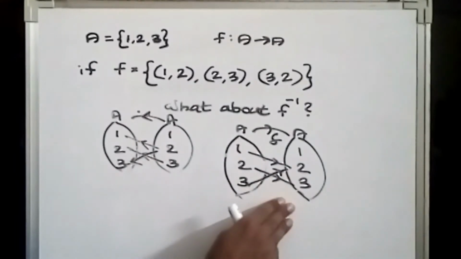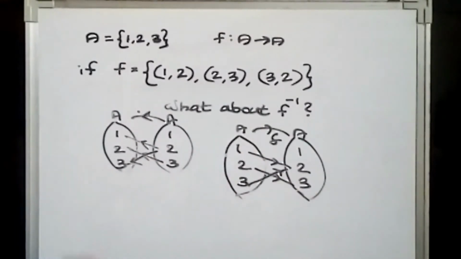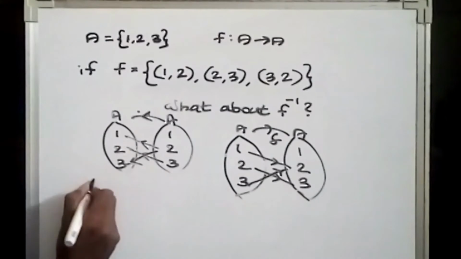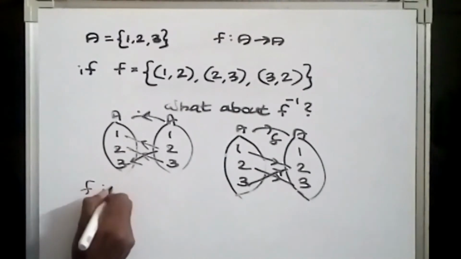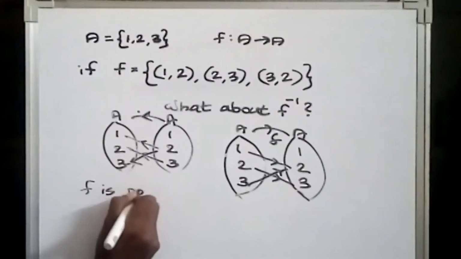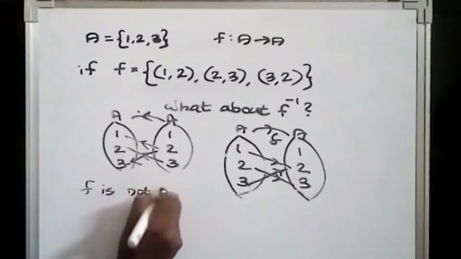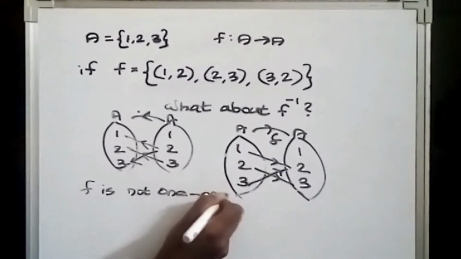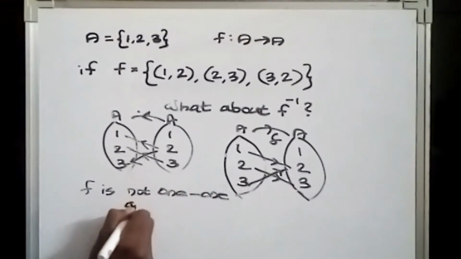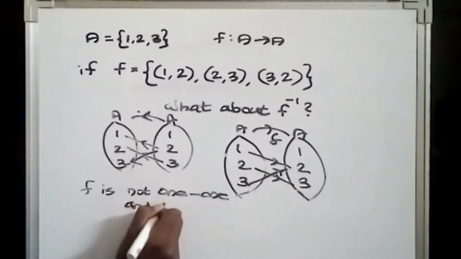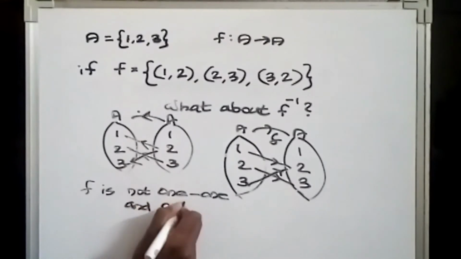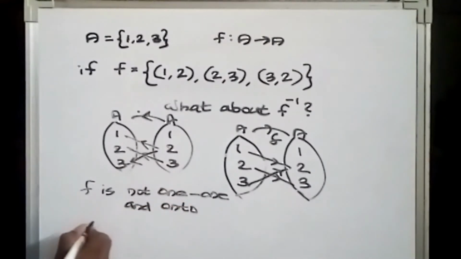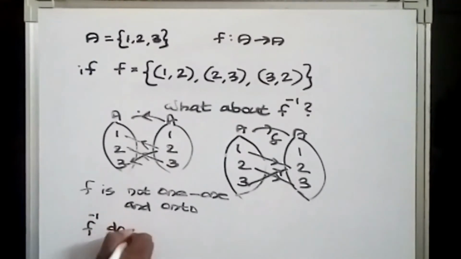Therefore, it is neither one-one nor onto. Therefore, here F inverse does not exist.